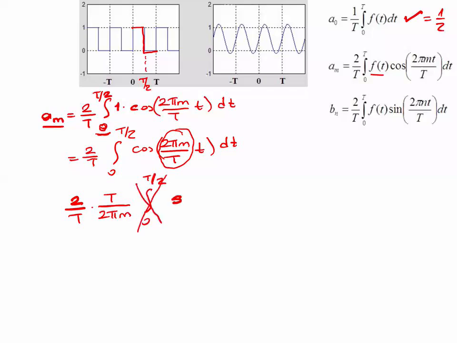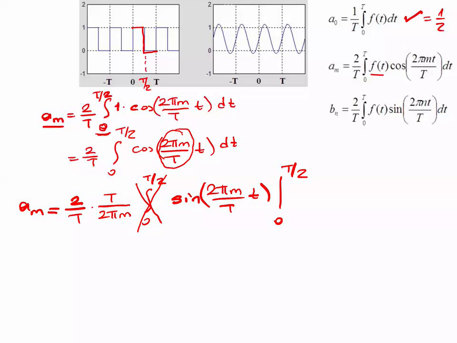It should be sine 2 pi m t over T, from 0 to T over 2. Okay, so this is my A_m, because the derivative of sine is cosine, and the integral of cosine is sine.